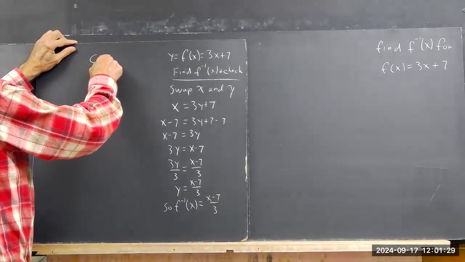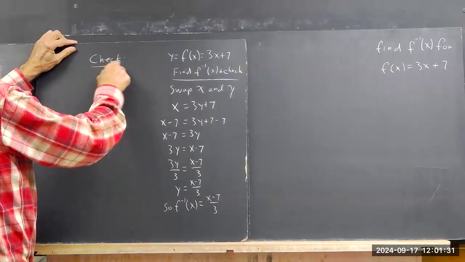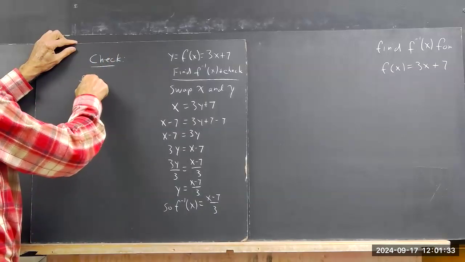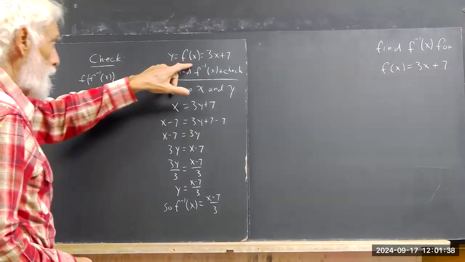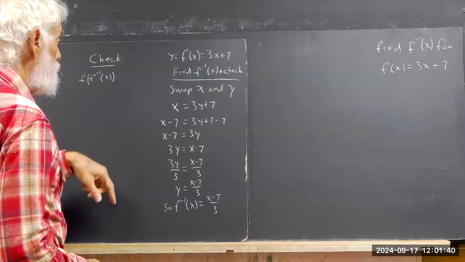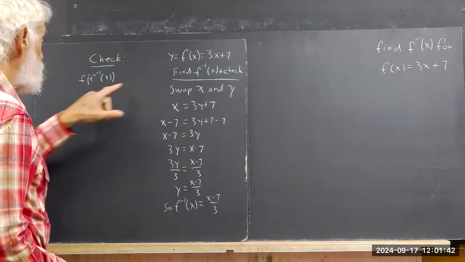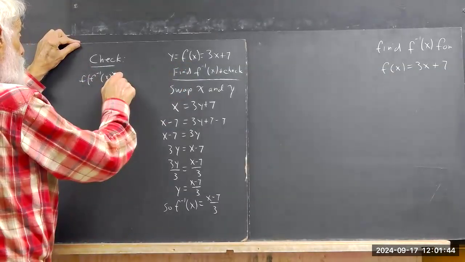Check this. For f of f inverse of x, we look back at the definition of f of x and see that we're replacing x by f inverse of x.